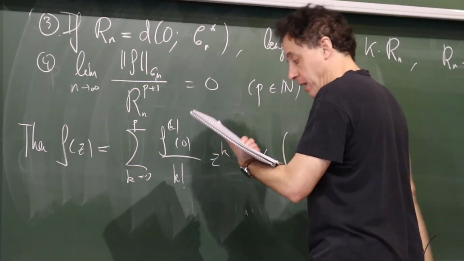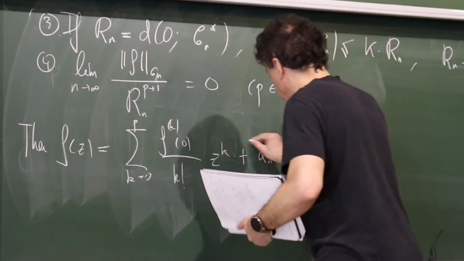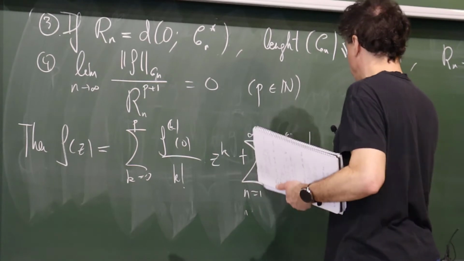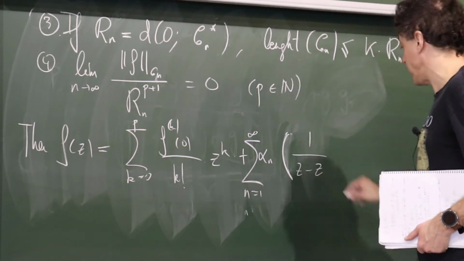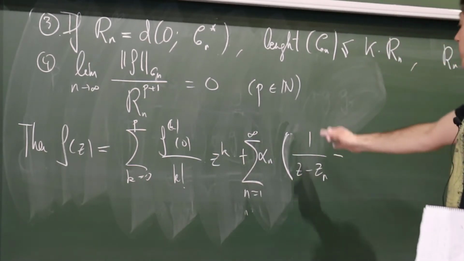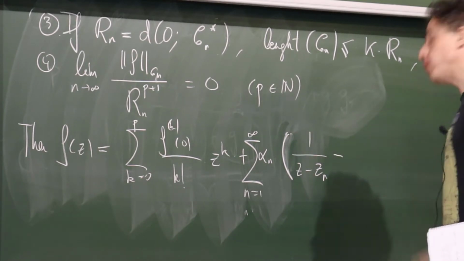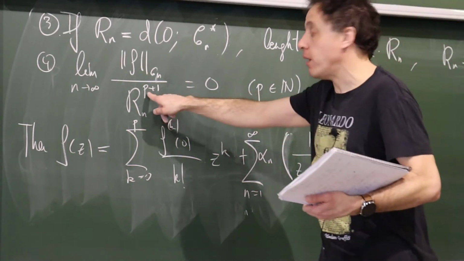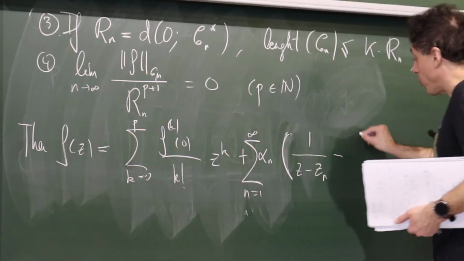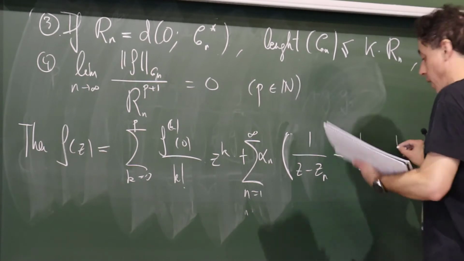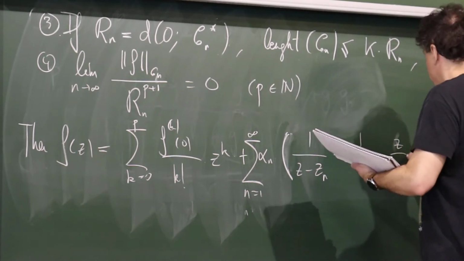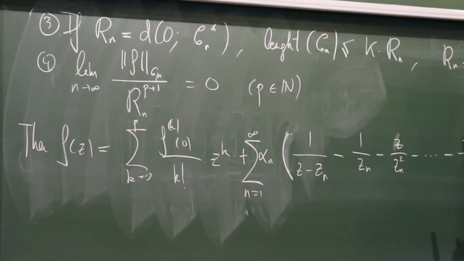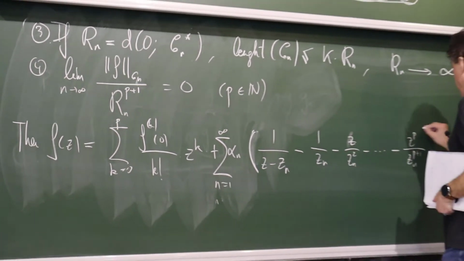the sum of alpha n times 1 over z minus zn, and if you develop this at the origin, you need to remove a finite number of terms of this development, exactly the p first terms here. So remove 1 over zn, z over zn squared, up to z to the p over zn to the p plus 1, which is the same.